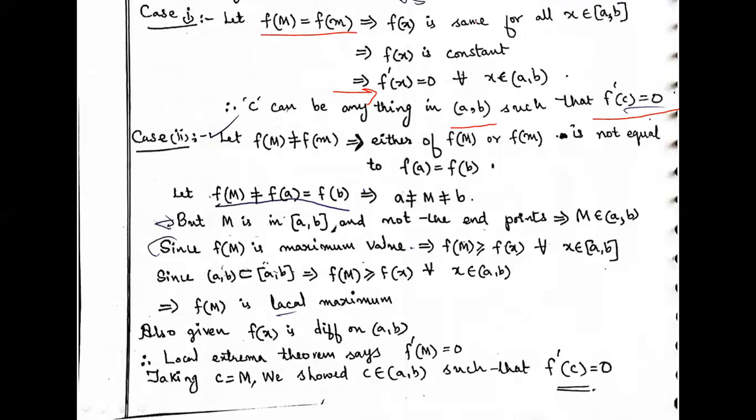Now, case 2. Let f of capital M not be equal to f of small m. In the first case, f of capital M was equal to f of small m. In the second case, we are taking f of capital M not equal to f of small m.